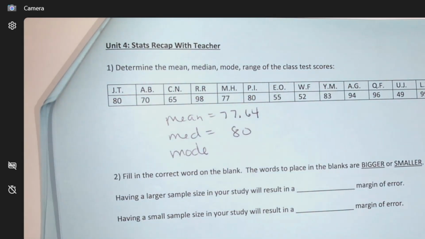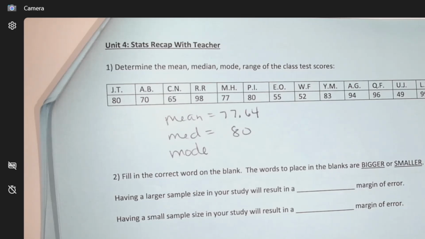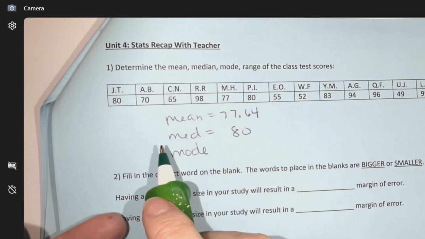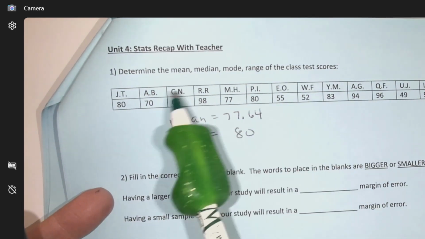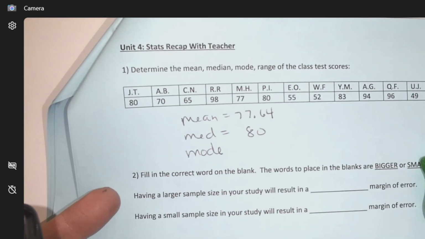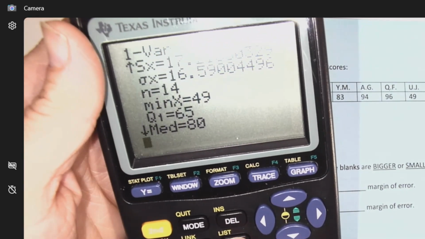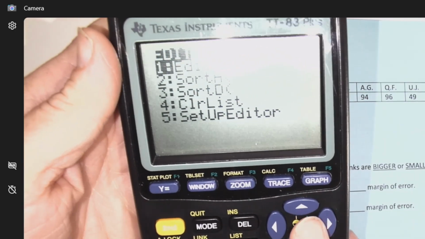The mode is anything that occurs the most. So a couple things you could do. You could just physically look on your paper. I'm not sure if it helps more if you do stat.